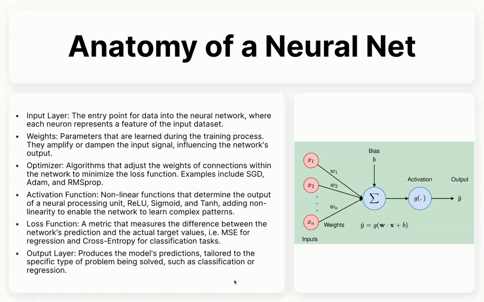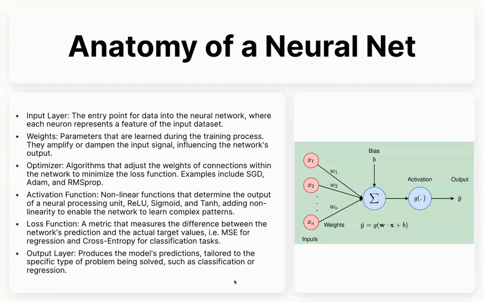And the loss function is what we're trying to minimize. So we have inputs, we have outputs, we have the universal function approximator, and we have the loss function. That's what we're trying to minimize at the end of the day. There are simple loss functions like mean squared error for regression or cross entropy for classification tasks.